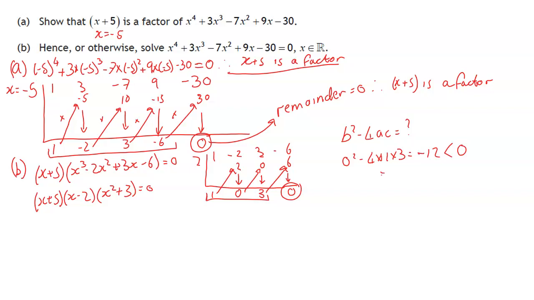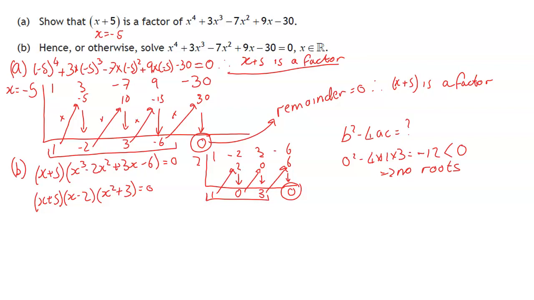So because of that, there's no roots of that bracket. So what that means is I cannot factorise that bracket. So I'm going to be left with the 3 brackets there. I can't factorise the x squared plus 3, so it's just not a possible thing for me to do.